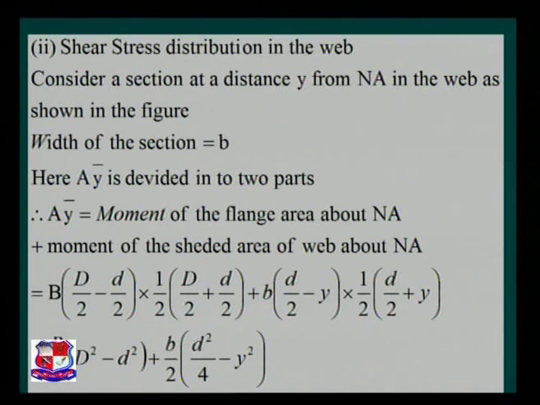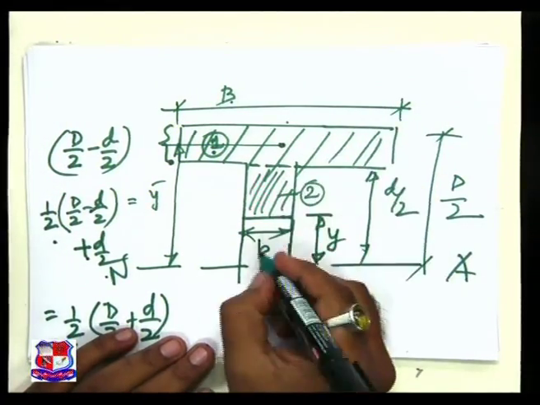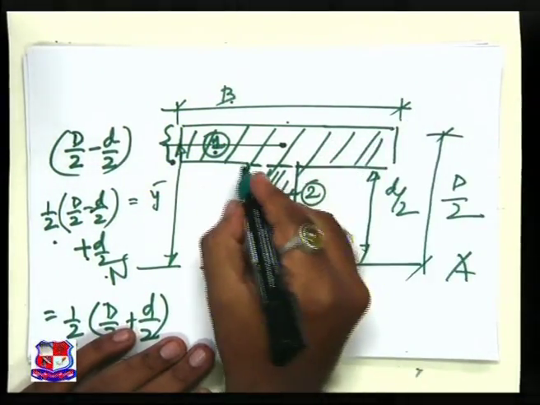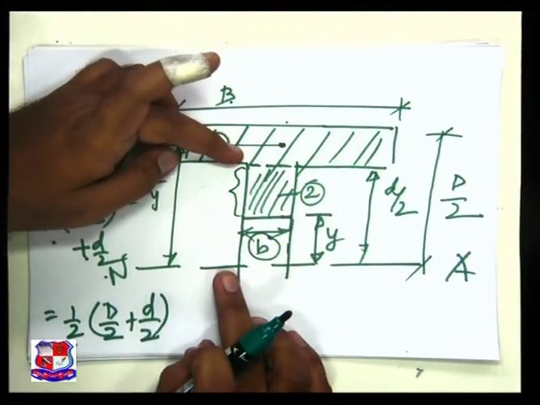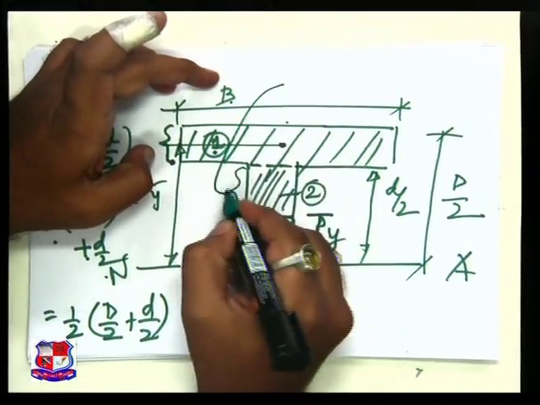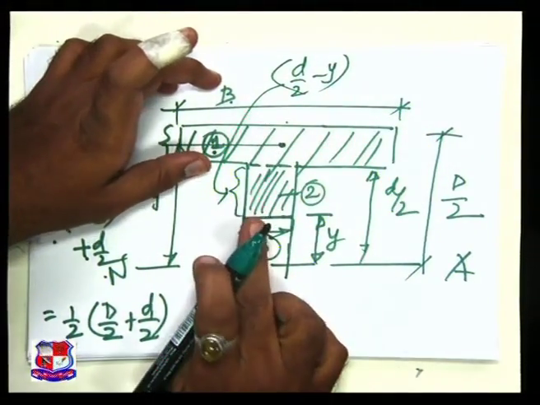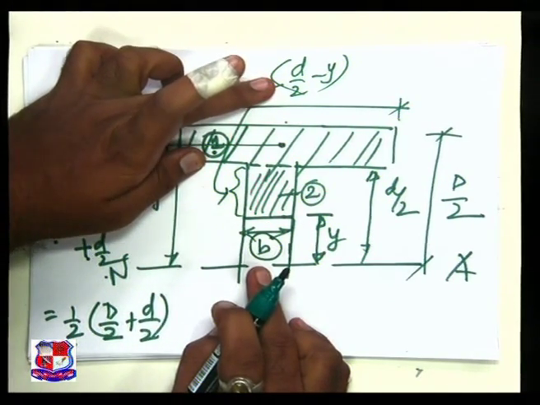Now if you are referring to the tabletop, this is the second area. It is nothing but width multiplied by depth. It is this depth. The depth is nothing but small d by 2 minus y. So the area of the second part is b multiplied by bracket d by 2 minus y.